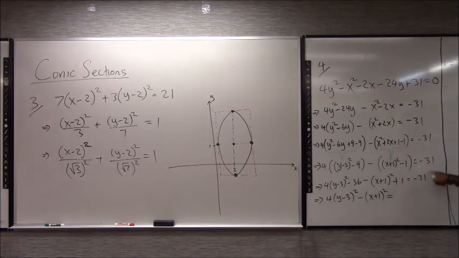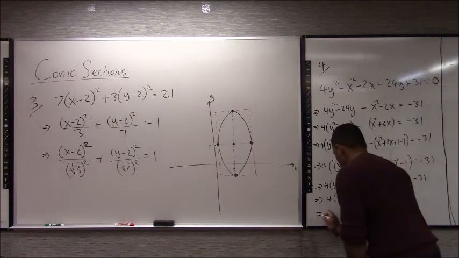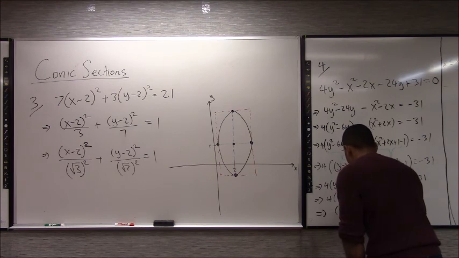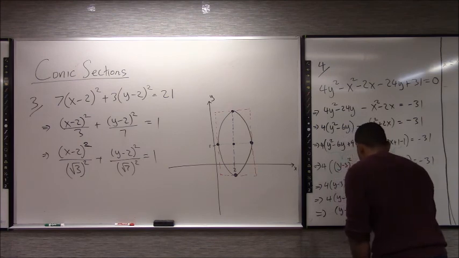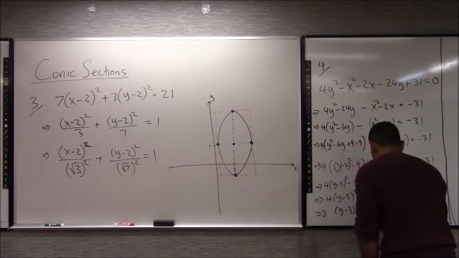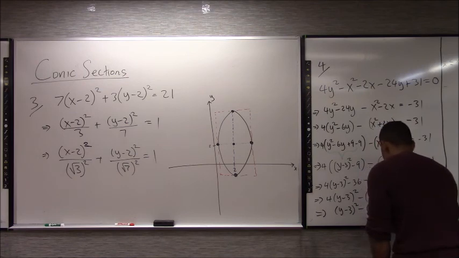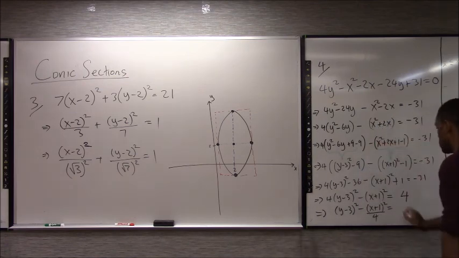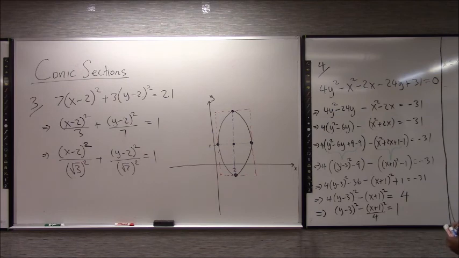So this would be minus 32 plus 36. That will give us 4. Okay, now what? Divide everything by 4. So I would get y minus 3 squared minus x plus 1 squared over 4 equals 1. And what is that? Hyperbola. It's a hyperbola.